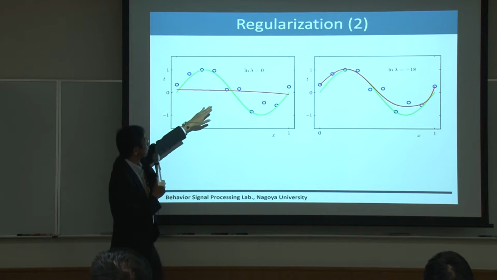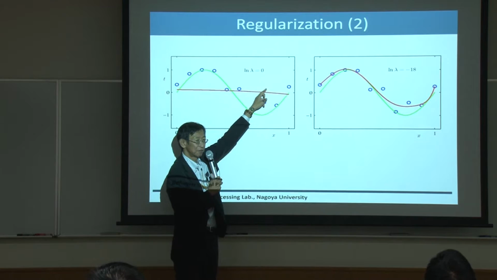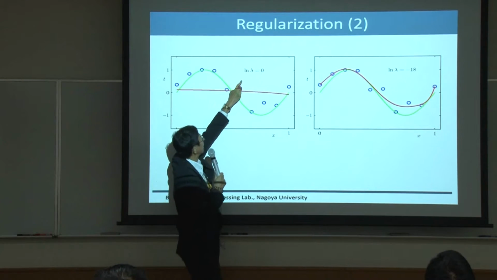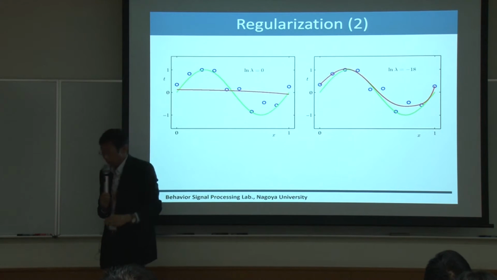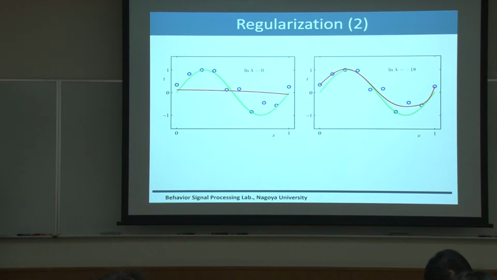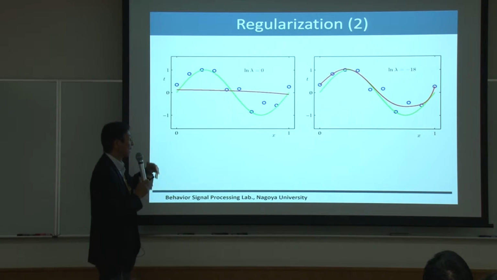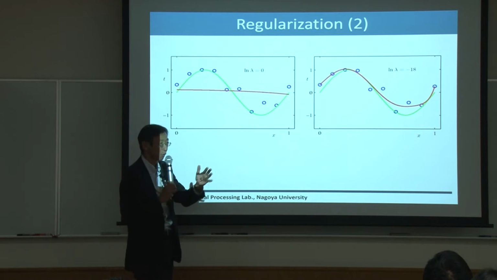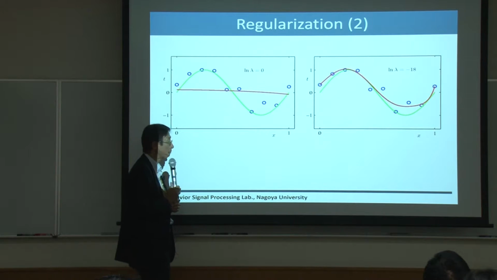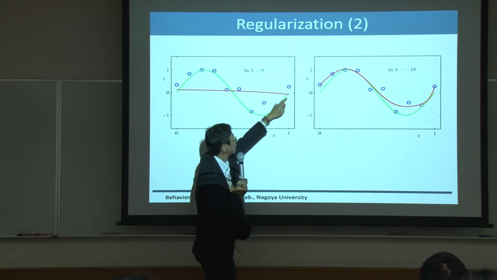But if you use a very big value of lambda, like log of lambda is 0, which means that lambda is 1, then the weight is too large to allow the system to have a more complex form. Therefore, the result you get is like a line.